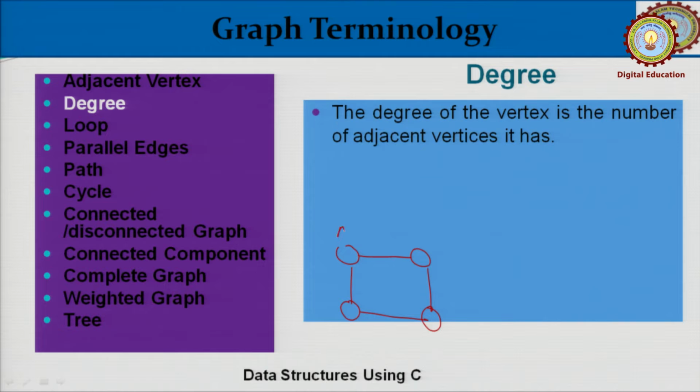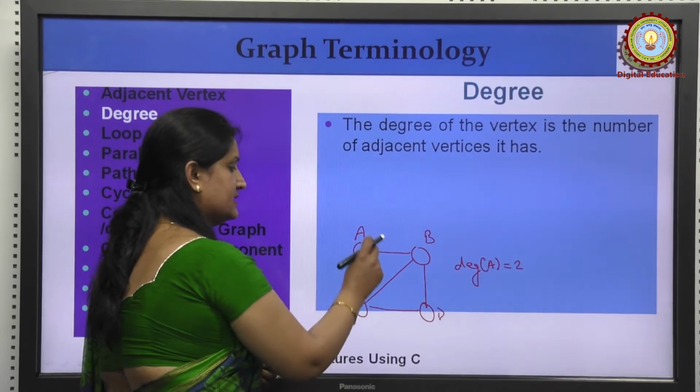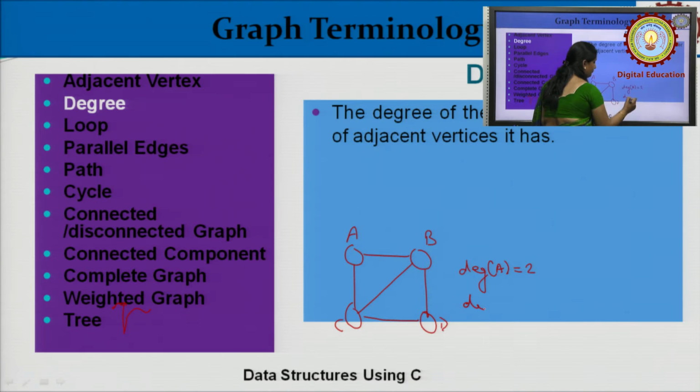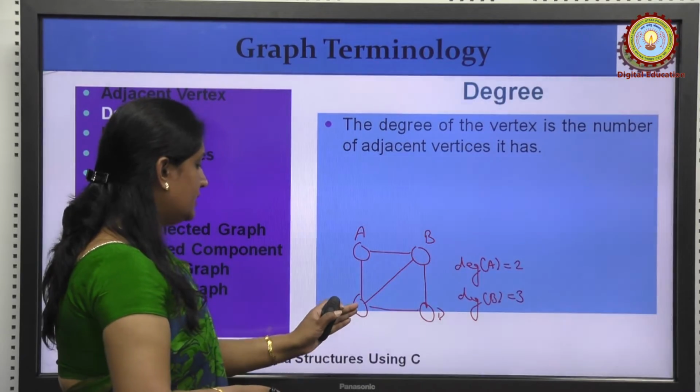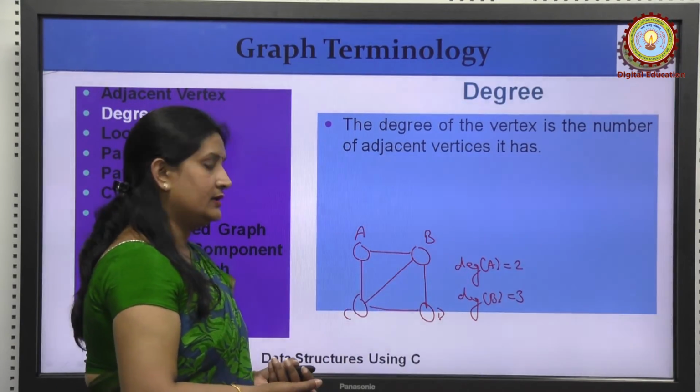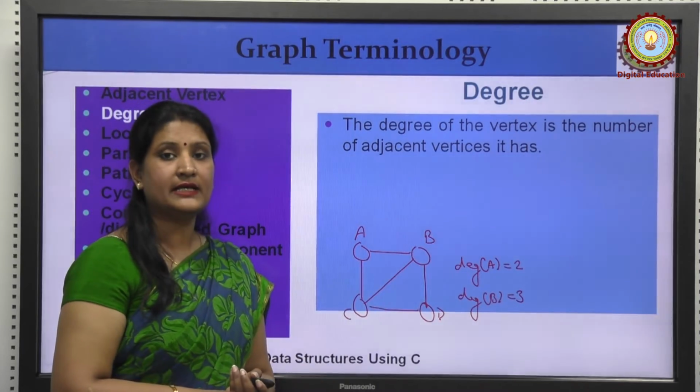Take an example, A, B, C, D. The degree of A is 2 because there are 2 edges incident on that vertex, and the degree of B is 3 because there are 3 edges incident on that vertex, and the degree of C is 3 and the degree of D is 2. But this is the case of the undirected graph.